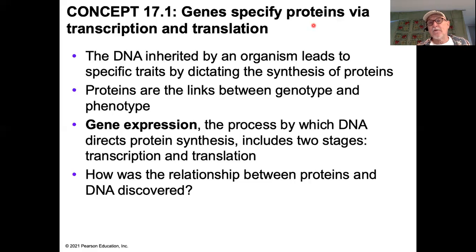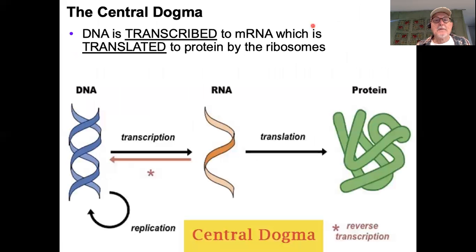Beadle and Tatum were the first to show that a particular gene led to the production of a particular polypeptide, and that a change in that gene led to a change in the polypeptide or the loss of the polypeptide. Sometimes a change in a gene will mean that it simply can't produce the polypeptide. And that was basically the work of Beadle and Tatum.